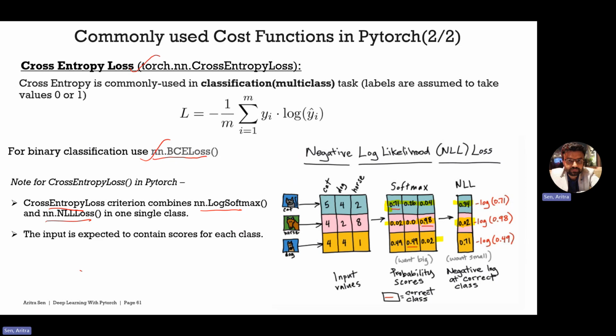But when it gives a lower probability for the correct class, it still penalizes you. And here you will see the model is confused between these two classes, so the negative log likelihood loss is the highest among these three. With this, you can understand how negative log likelihood or cross entropy loss works. Just keep in mind, in PyTorch, when to use cross entropy loss and when to use NLL loss.